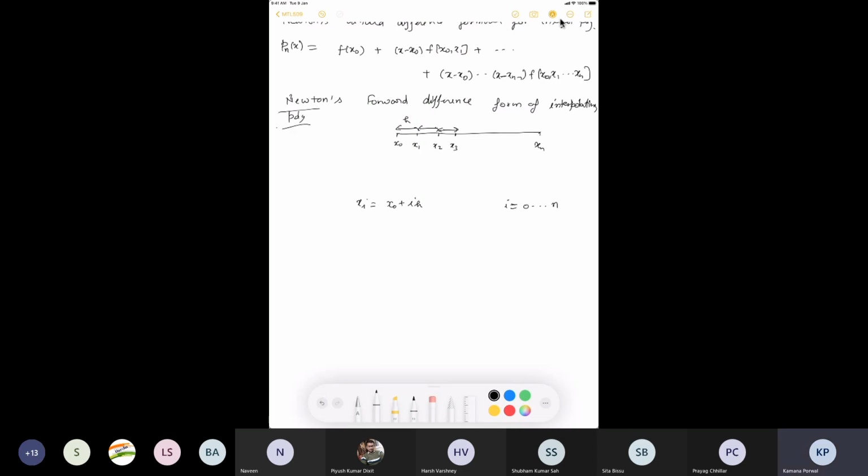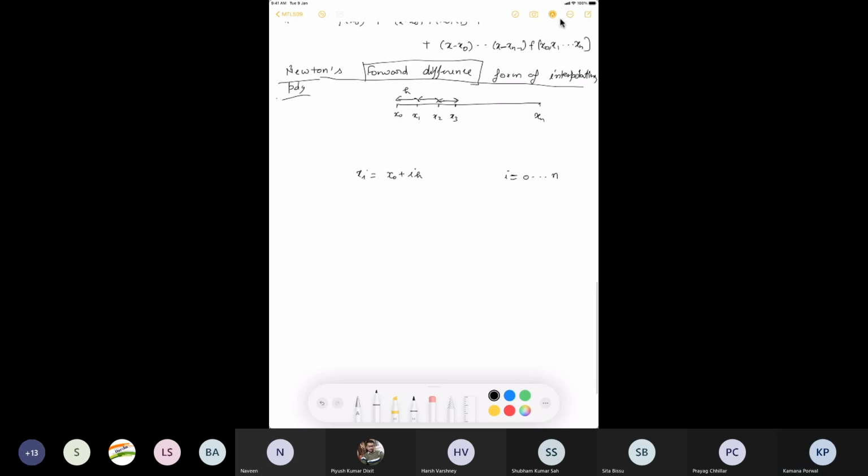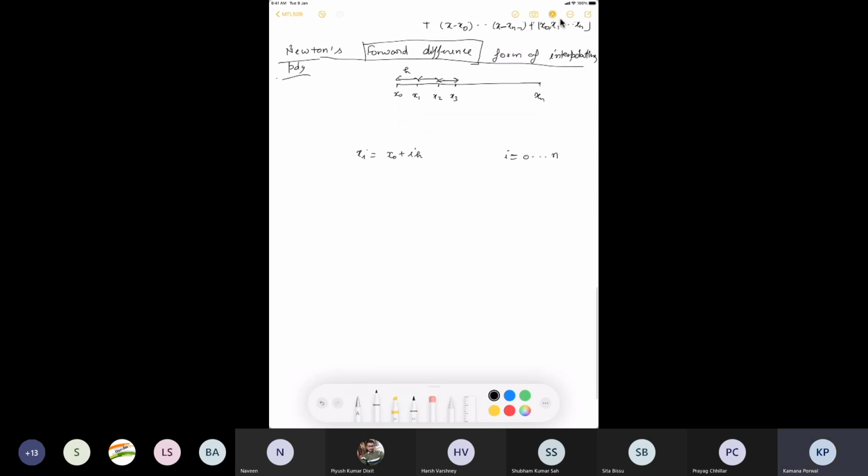We will see in a minute what we mean by the forward differences. So what we assume here is that the nodes are equally spaced.